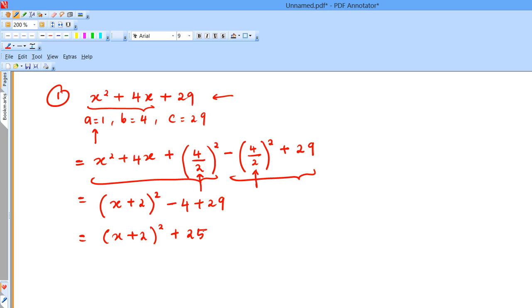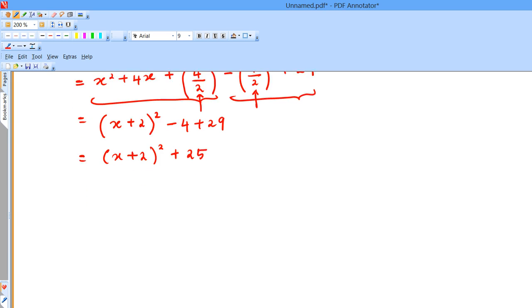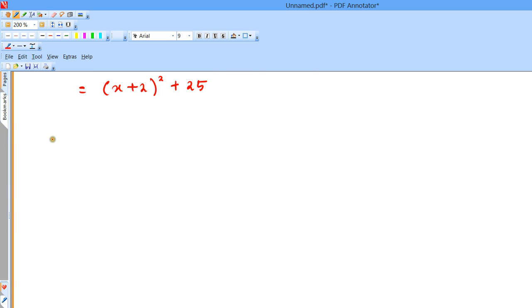So now we have written the quadratic expression in square form. Next, move to the second example: x² minus 5x plus 4. So we have a = 1, b = negative 5, and c = 4.